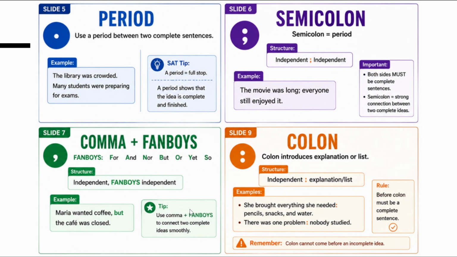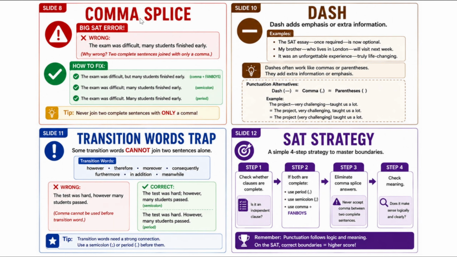Now let's talk about one of the biggest mistakes: the comma splice. One of the biggest grammar mistakes is the comma splice. Example: the exam was difficult, many students finished it early. Why is it wrong? Because both sides are complete sentences, but they are joined with only a comma. A comma alone cannot join two independent clauses.